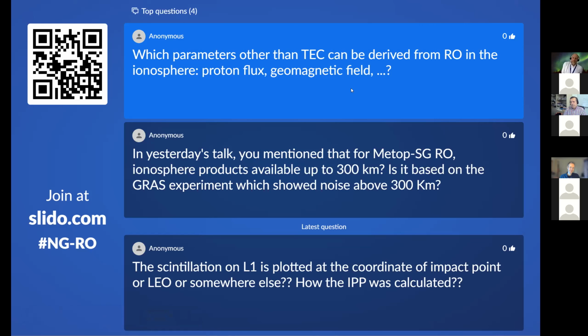But yes, as Ricardo said, it's typically the electron density. The geomagnetic field should be related to Faraday rotation or second order ionospheric terms, and we would need much lower frequencies, not the GNSS frequencies, to get a clear signal there. Okay. Thank you.